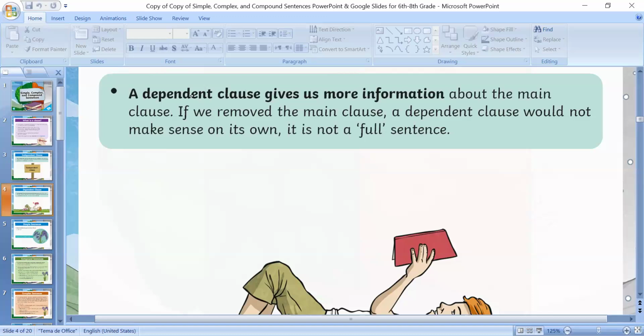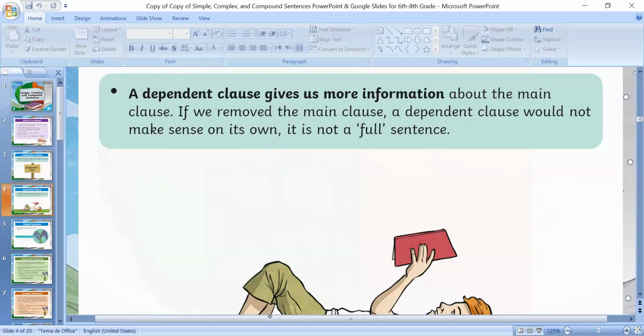If we remove the main clause, a dependent clause would not make sense on its own. The dependent clause does not give a complete meaning on its own. It is not a full sentence. It needs another sentence to complete the meaning.